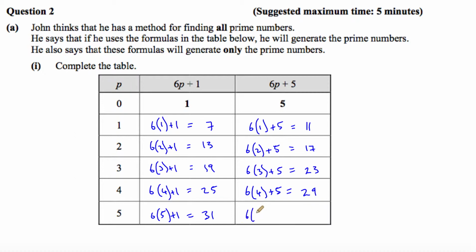And finally 6 times 5 plus 5 gives us 35. So that's the table filled in.